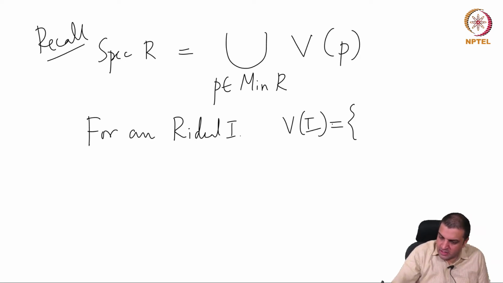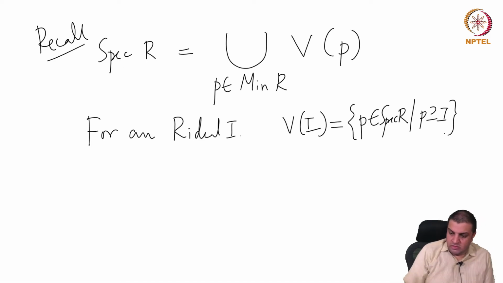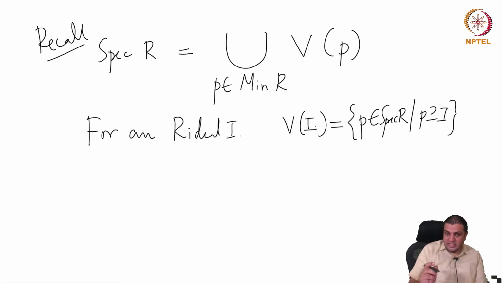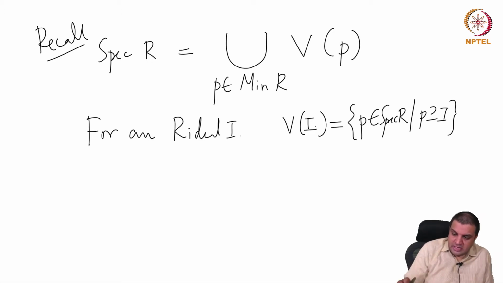It disagrees with our earlier notation of points at which elements of F vanish, but we will see today that these are not very different. And algebraically, this is the object that we would want to continue using.